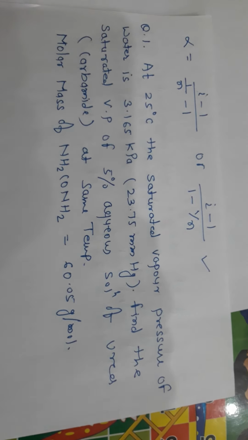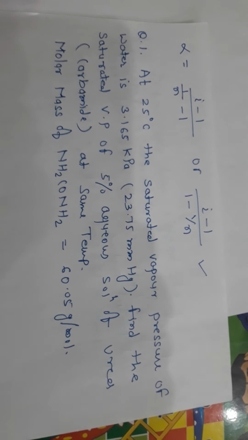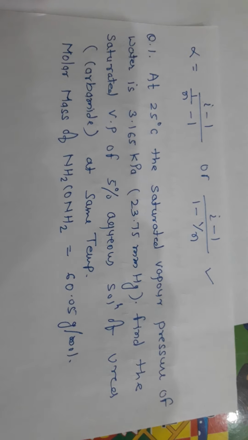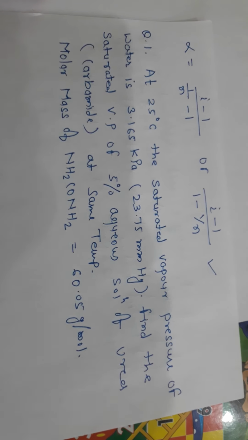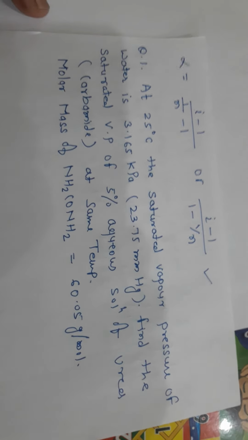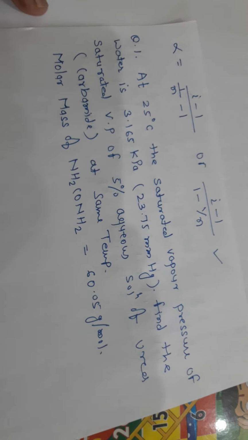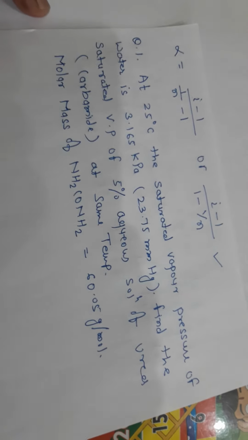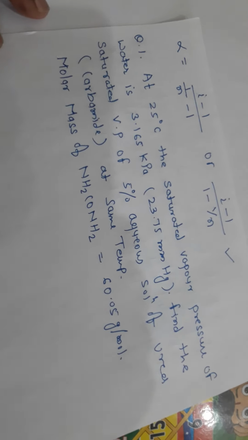Urea is carbamide, NH2CONH2, at the same temperature. We have to find the saturated vapor pressure of the 5% aqueous solution, that means PS, the pressure of the solution. The molar mass of urea is 60.05 gram per mole. We will take it as 60.